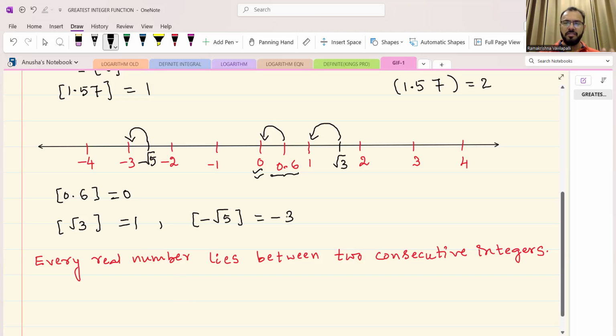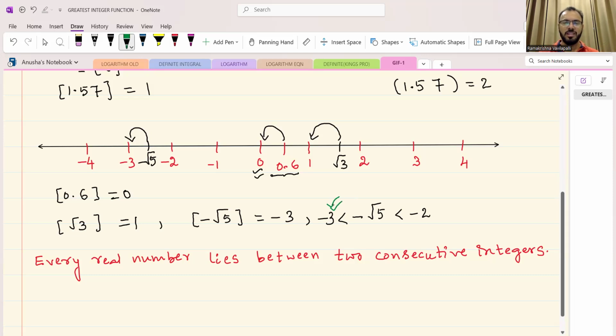Observe that every real number lies between two consecutive integers. Minus root 5 lies between -3 and -2. And which integer are we choosing? We are choosing the lower one. This is the lower one.